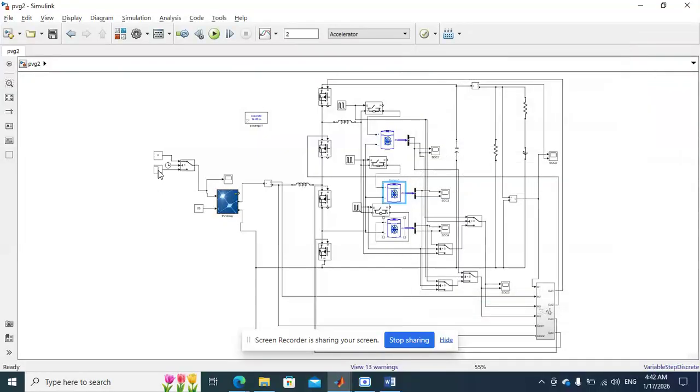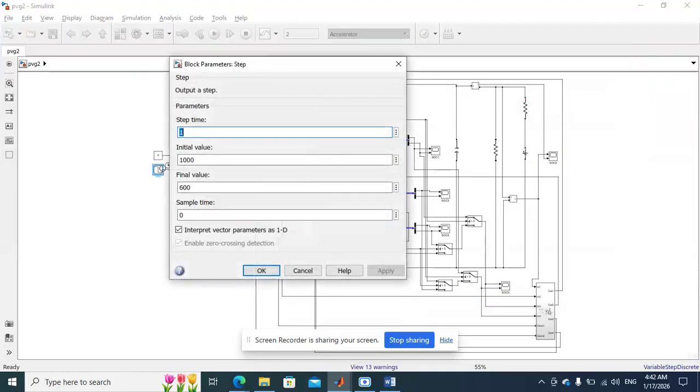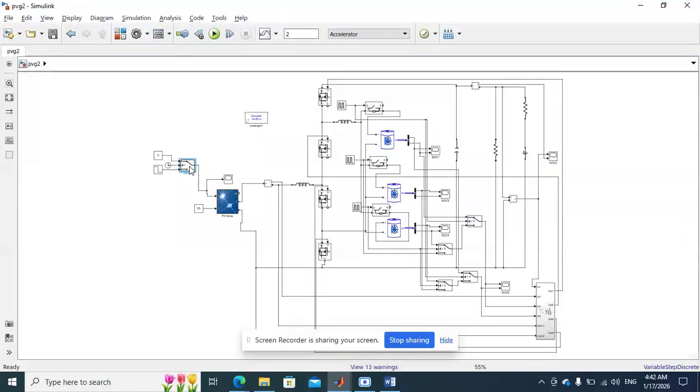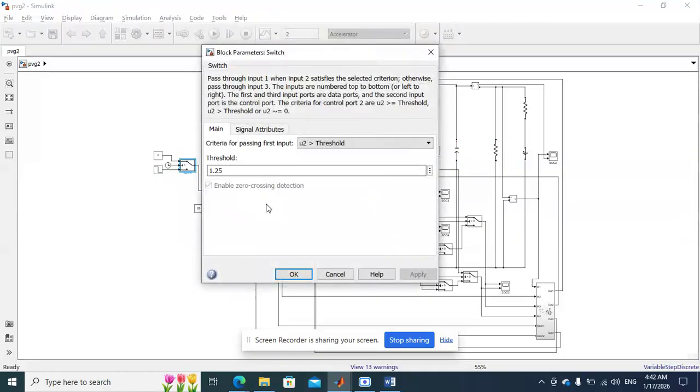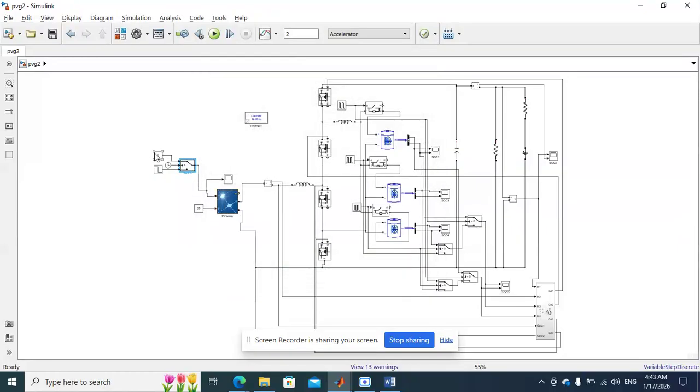And here irradiation, initially it is around 1000 watt per meter square, and after 1 second it is reduced to 600 watt per meter square, and after 1.25 seconds it is reduced to 0. So according to that the power will be varied, and according to that the modes will be selected.